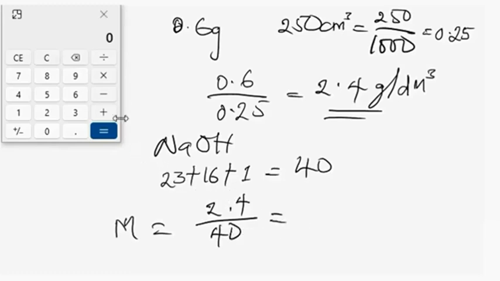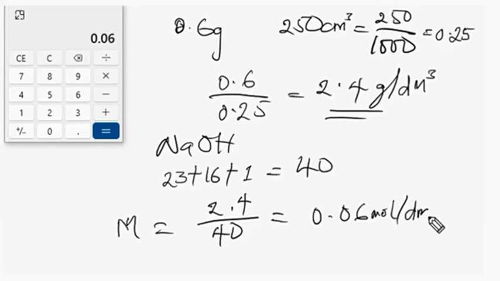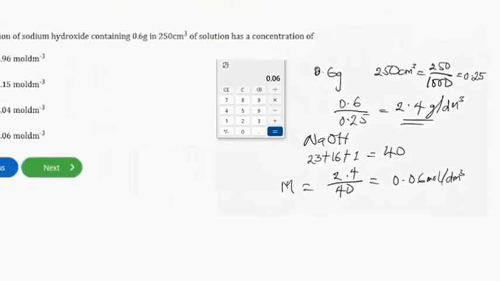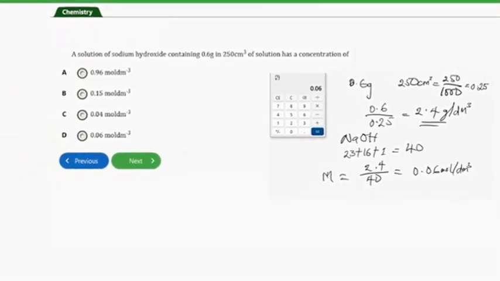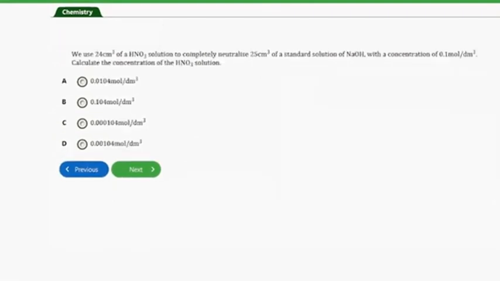So let's use our calculator here. 2.4 divided by 40, that's 0.06 mole per dm cube. And guys, that's the option D here. The answer to this question here is option D. So let's go ahead and check out the next question. That's question number 12 here.